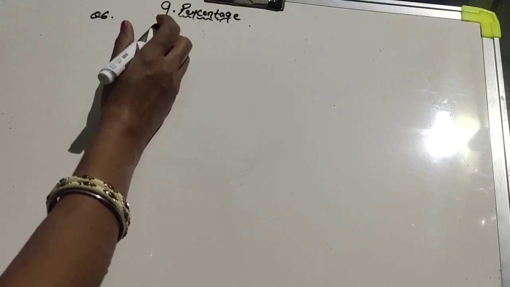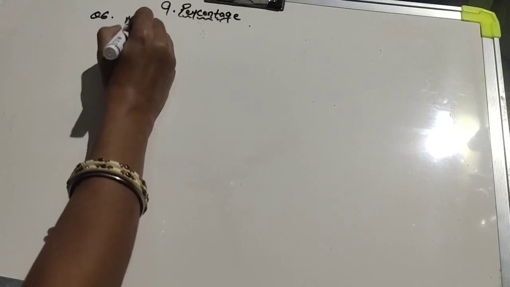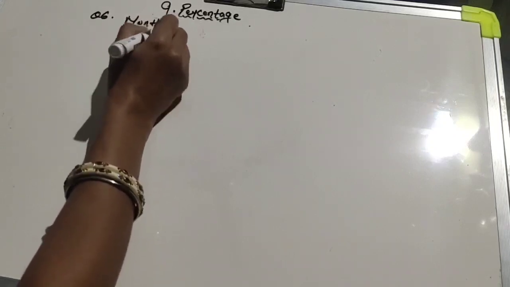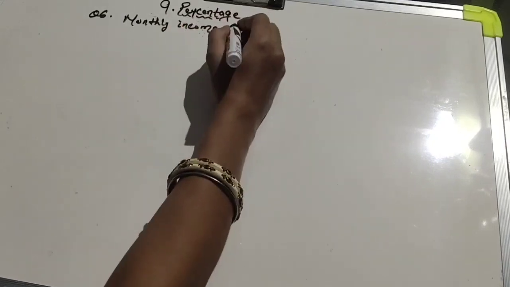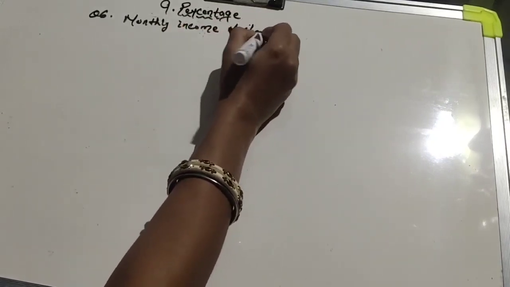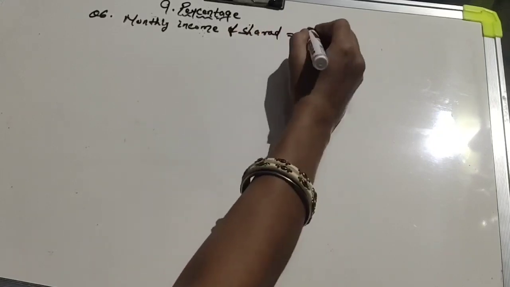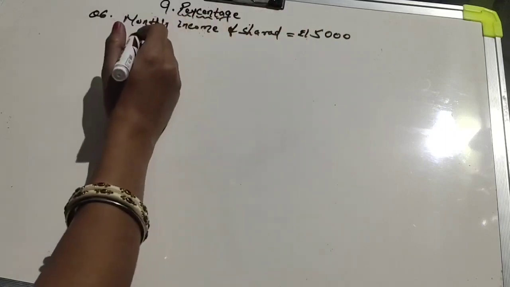We will find what amount he saved, because 30% he spent on household work, 20% on window shopping, and the rest of the amount he saved. So first of all we will write: monthly income of Sarad is equal to rupees 15,000. Clear?